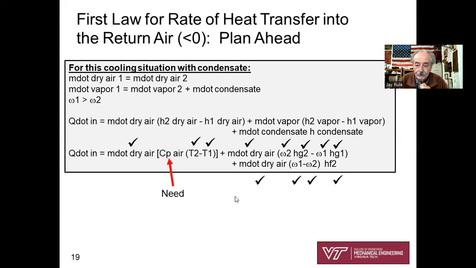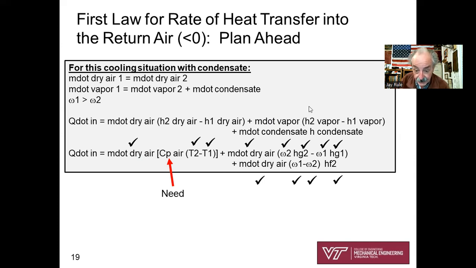Now, I do see that I was a little fast and loose here. M dot of the vapor is not constant, is it? Wow. So make a mental note, this has got to be m dot of the vapor at 2, H2 of the vapor, minus m dot of the vapor at 1, H1 of the vapor.